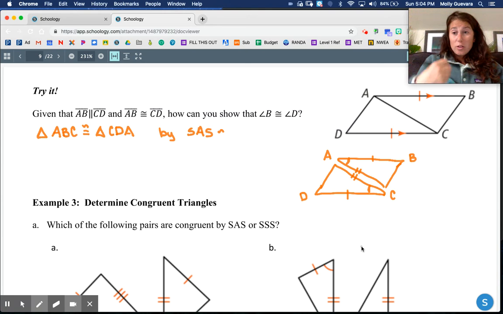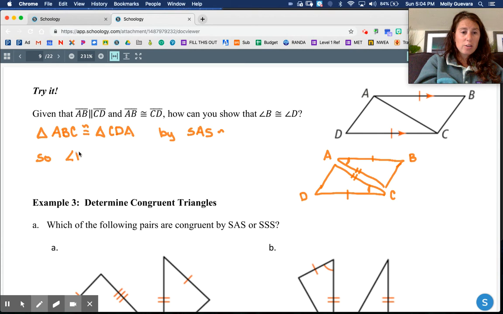Since I know that these two triangles are congruent, every piece of this triangle is congruent, right? So A and C are congruent. B and D are congruent. AD to BC are congruent. Every single corresponding piece is congruent since the triangles are congruent. So I'm trying to prove that angle B is congruent to angle D. And is that true?